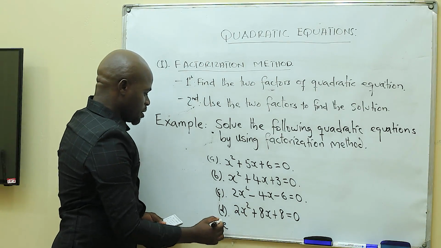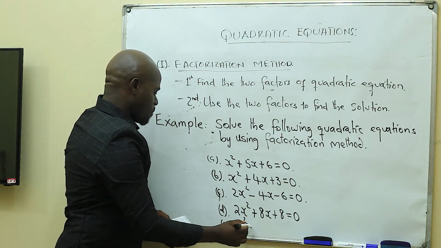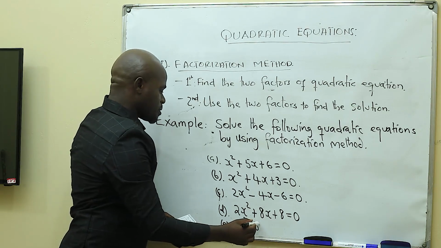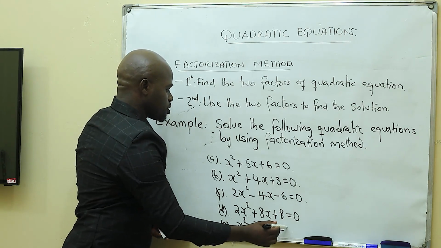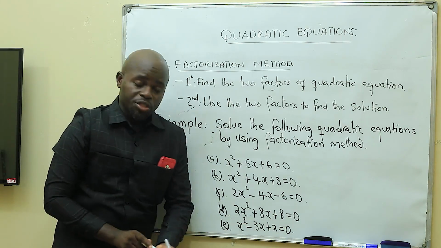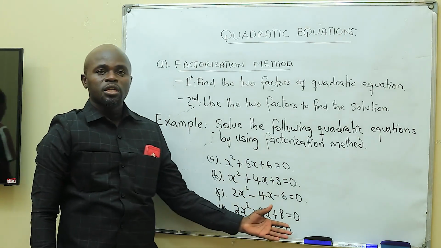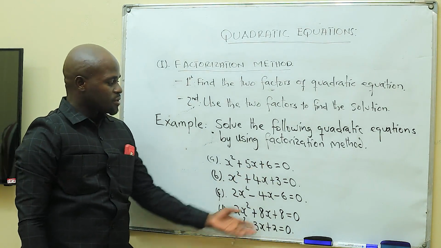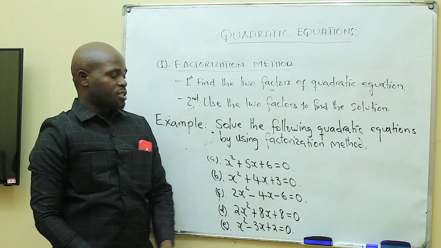And the last one, E, we have x squared minus 3x plus 2 is equal to 0. Yes, so all of these are quadratic equations, and we are going to see how we can find the solution. It means how we can find the value of x in these equations by using the first method, which is factorization.